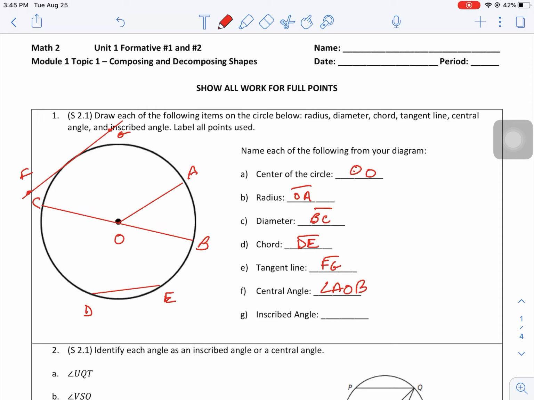Now an inscribed angle is different. Okay, so what I'm going to have to do for an inscribed angle, let's do it this way. It's going to get kind of hairy in here. So I'm going to do this way and this way. And I'm going to call this HIJ.